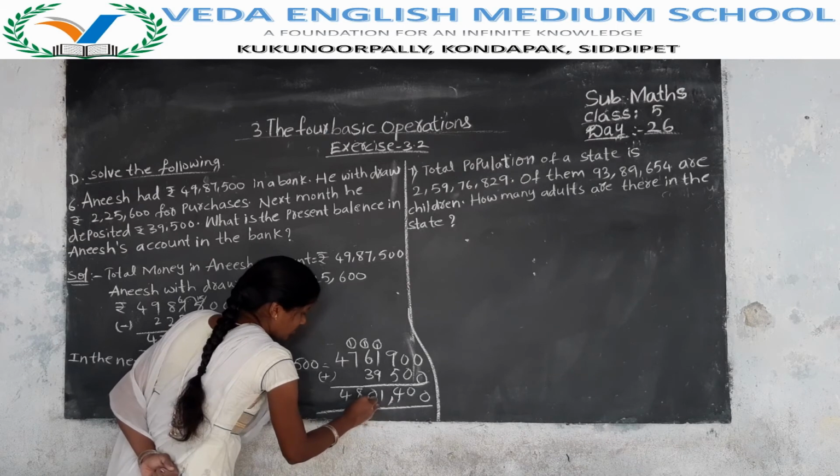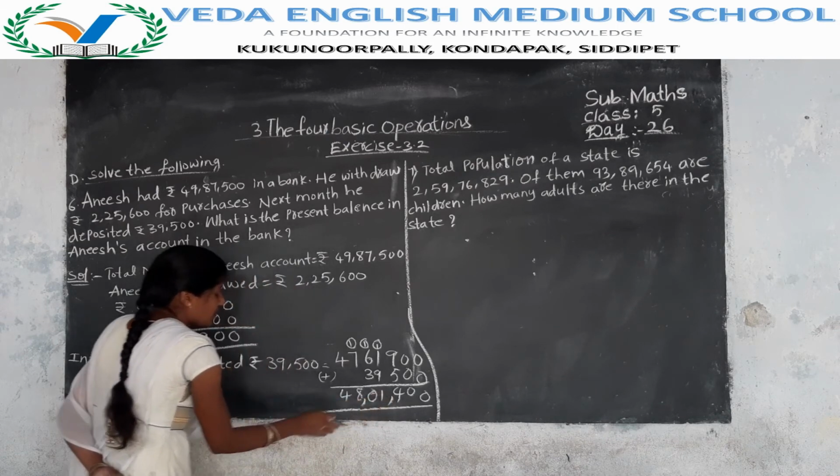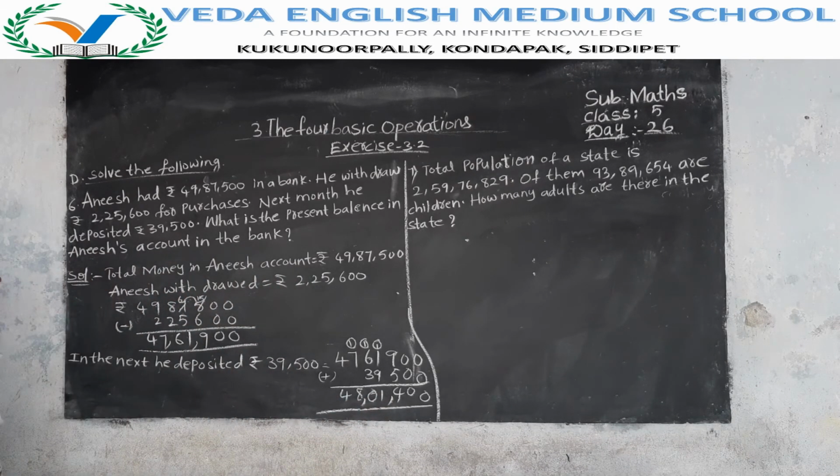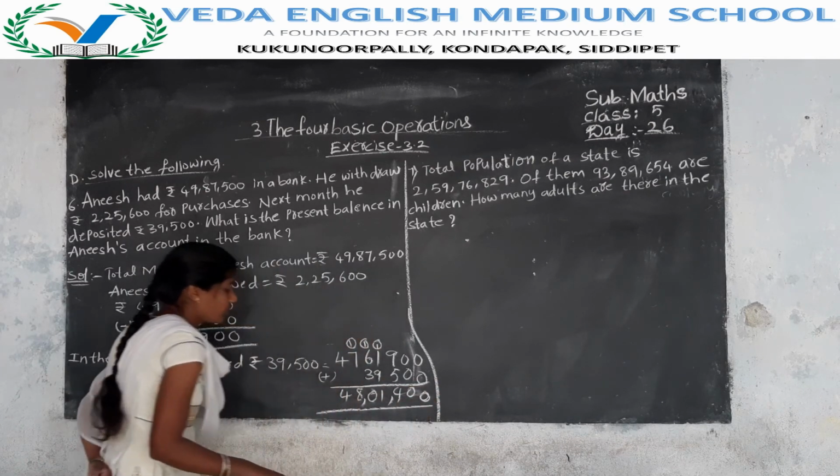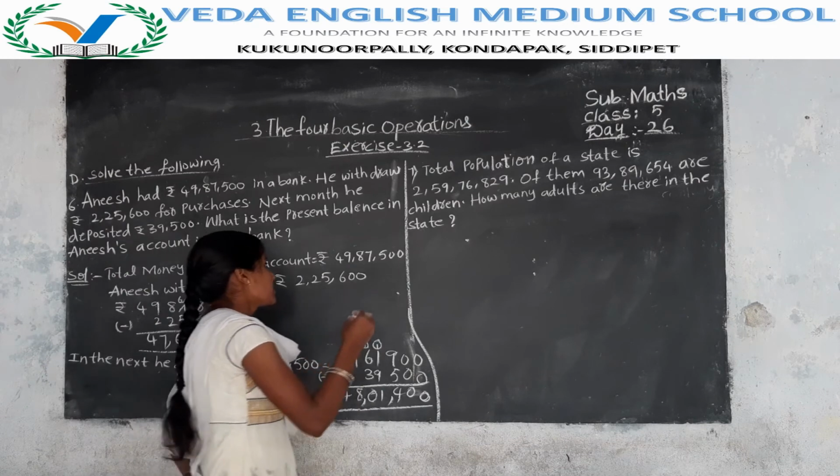Now, in Anish's account he has 48,01,400.